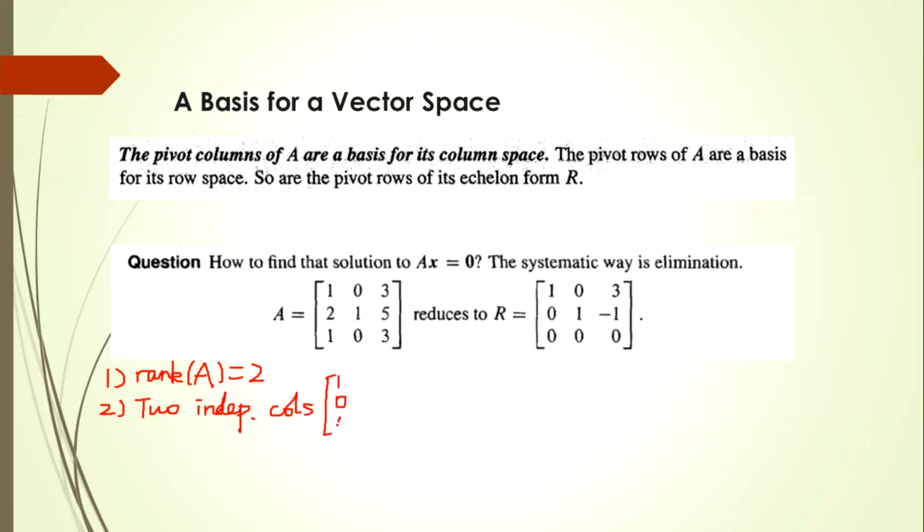The independent columns are 1 0 0 and 0 1 0, right? Those 2 independent columns, we already know, are not a basis for R3.